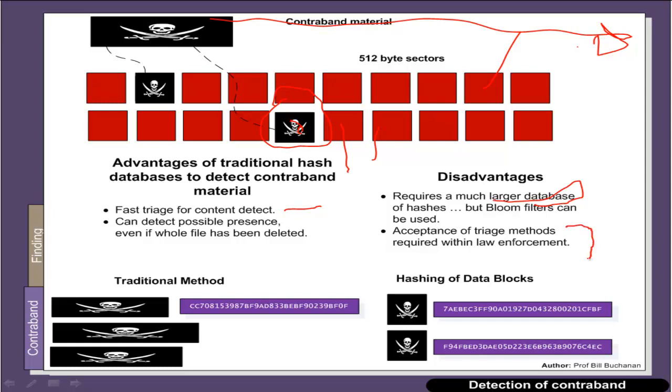And along with this, there needs to be an acceptance that triage methods are actually possible within law enforcement. So it is necessary that we can go in and do a basic triage before doing the full analysis. So in this case, the identification of a hashed byte block matching might identify that we need to look more deeply into the whole of the disk.